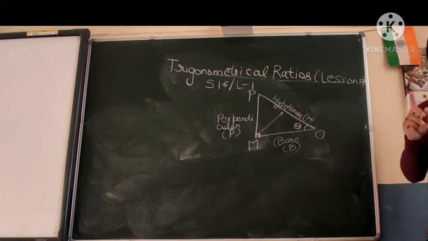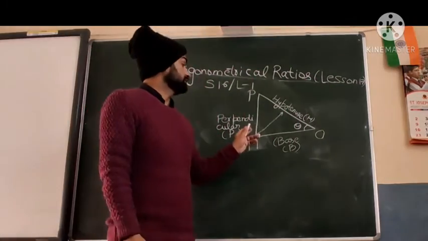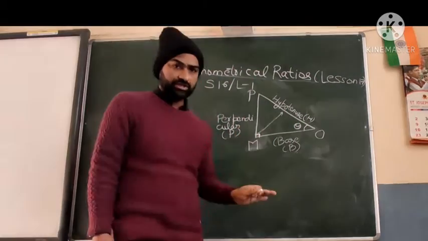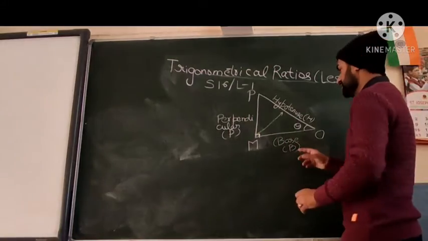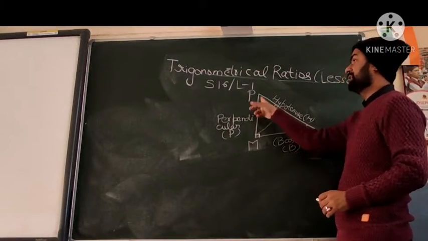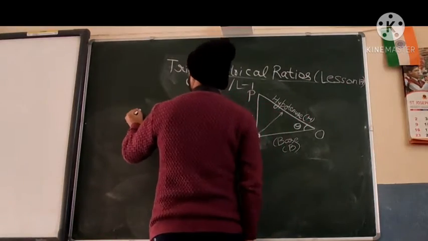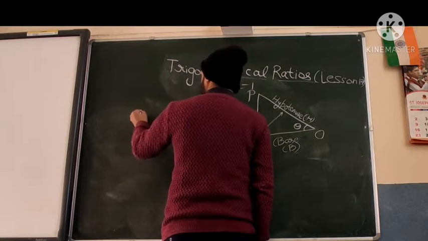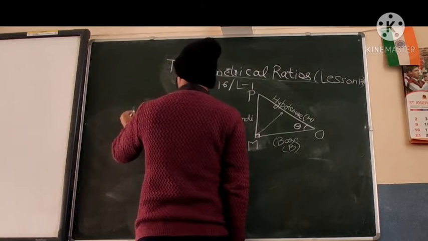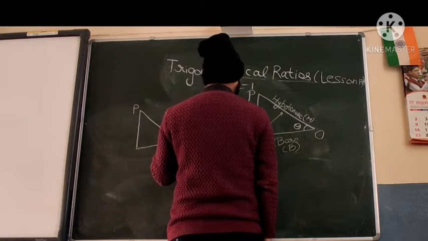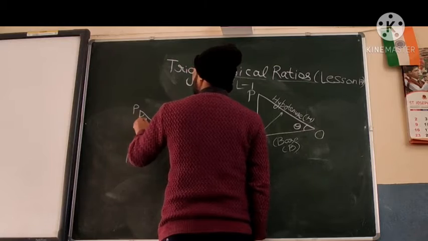Now see one thing, that is the bullet point, that means the noteworthy point. This perpendicular will keep on changing. Mind it. The perpendicular will keep on changing once you change the theta. I will just demonstrate that. Suppose same triangle you are taking, P, O, M, and theta is this.